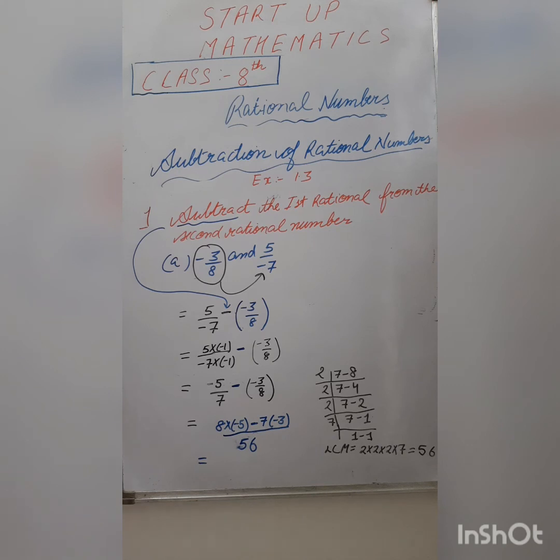Solve the numerator. 8 fives are 40, with the signs, the answer is minus 40. Then the subtract sign, and 7 multiplied by minus 3 is minus 21, so minus 21 upon 56.